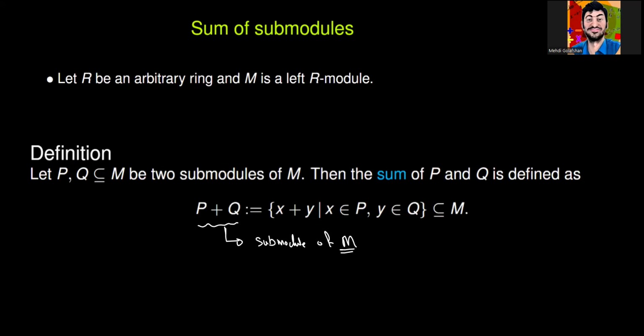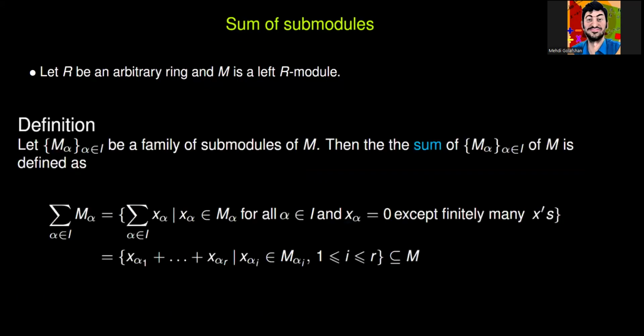So let's generalize that. More generally, the sum of a family of submodules M alpha, I mean there are several submodules of M, where I is some index set, is defined as follows. You can see that it's the summation of x alpha, where x alpha belongs to M alpha for all alpha belonging to the index set, and x alpha is equal to 0 for all but finitely many alpha.